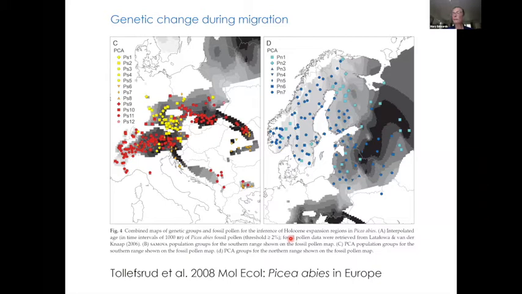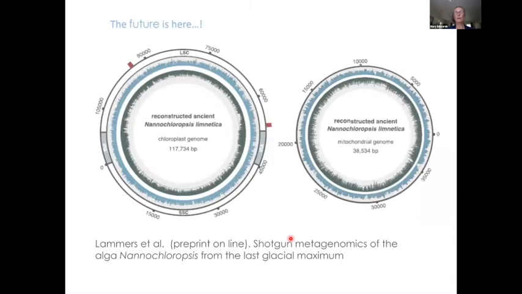And very elegantly, this paper tracked two mini satellite regions for a certain gene and came up with 28 variants, haplotypes, showing the genetic variation as this species spread through Europe after the glaciation.